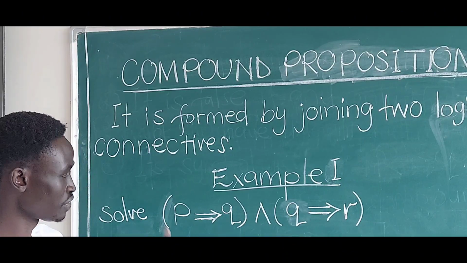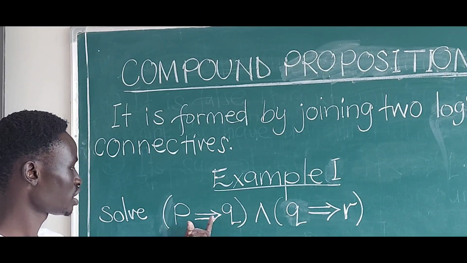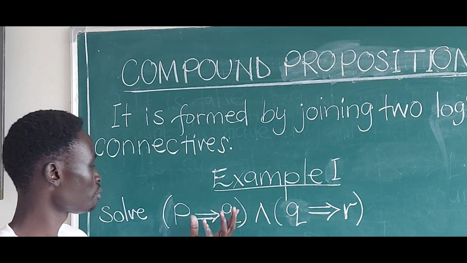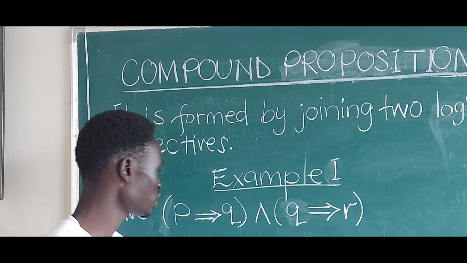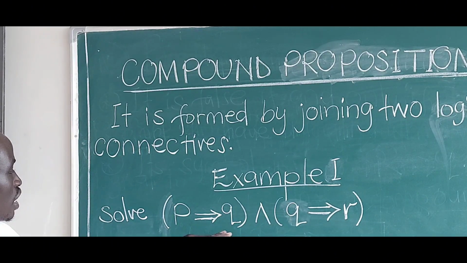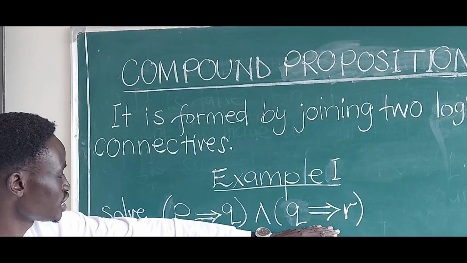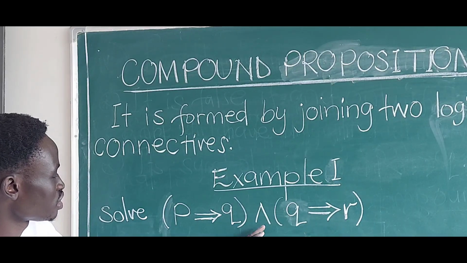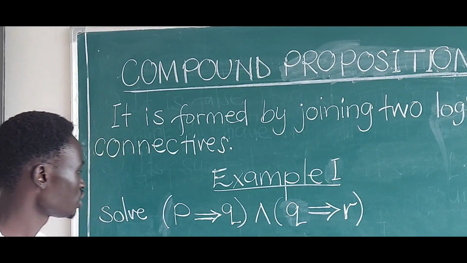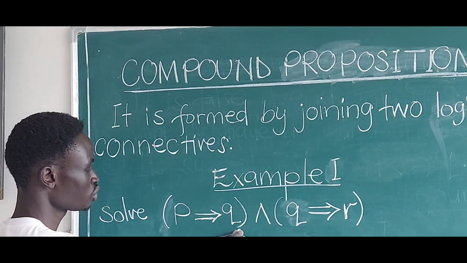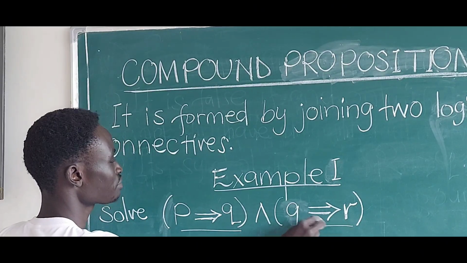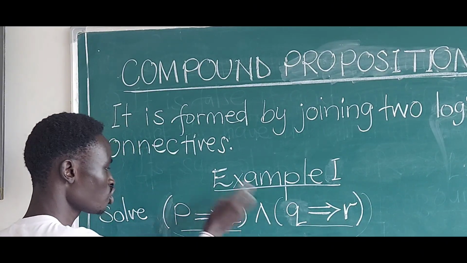In the previous class, I told you to master these symbols because they will lead you into more complex propositions. After knowing that this is implication and this is conjunction, you can now solve this. First of all, you put this separately, and this separately. Then from there, you put the whole combination.